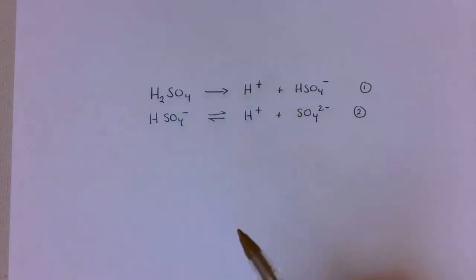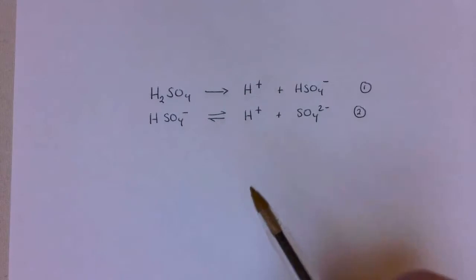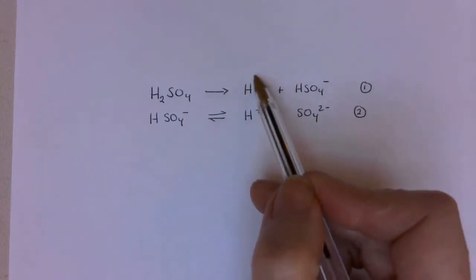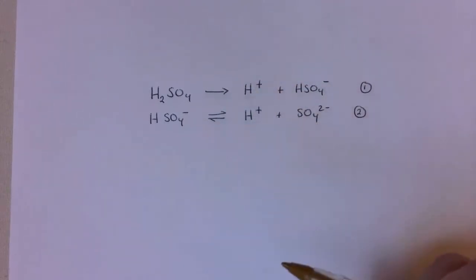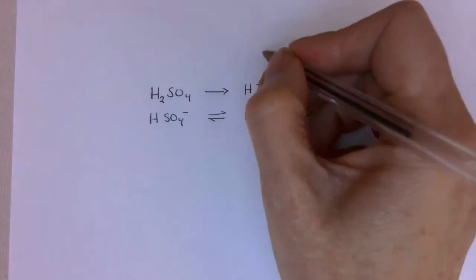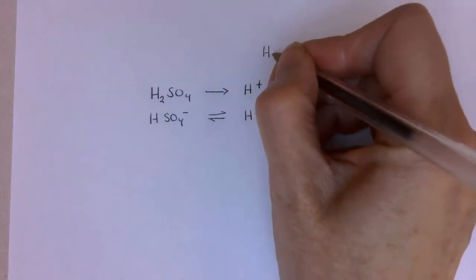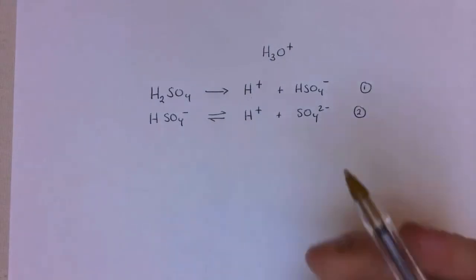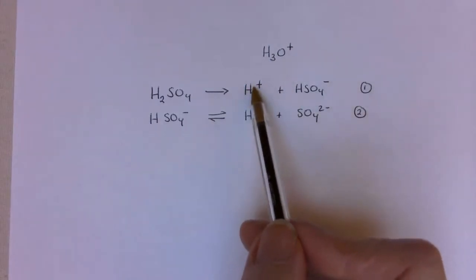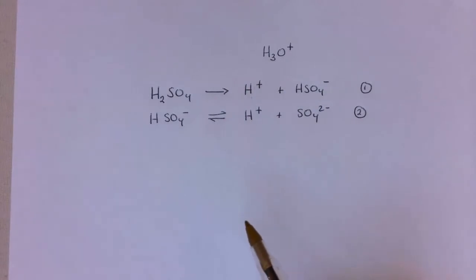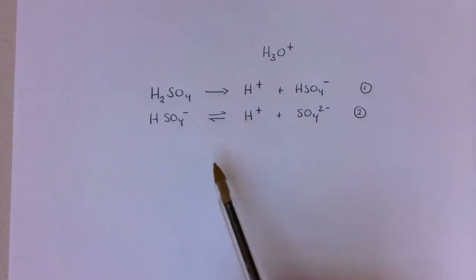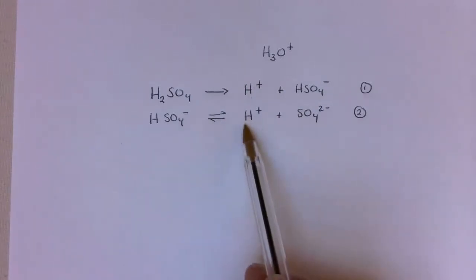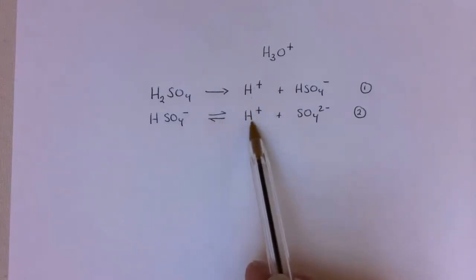Now this first step happens to completion. So we have a high concentration of hydrogen ions floating around the place, or more accurately, we have a high concentration of H3O positive ions floating around the place. Now that high concentration, if you think about what that will do to the equilibrium position of the second reaction, the second ionization. So this second ionization, you have a high concentration of hydrogen ions.